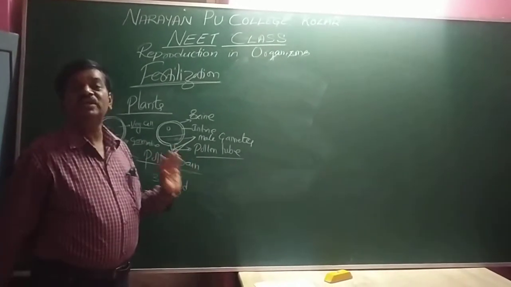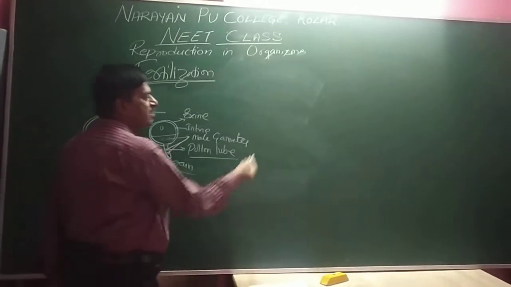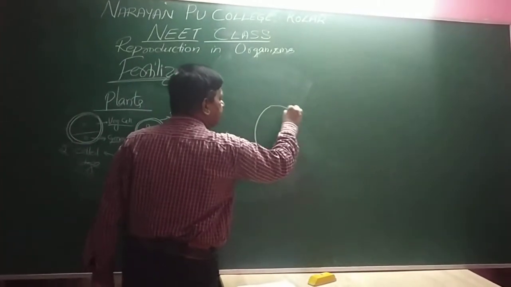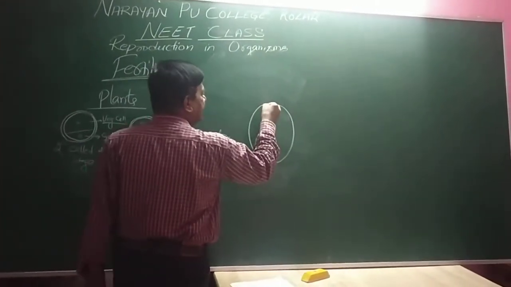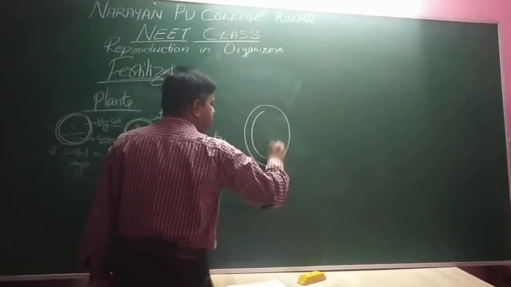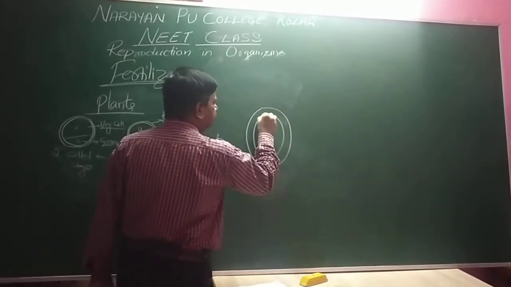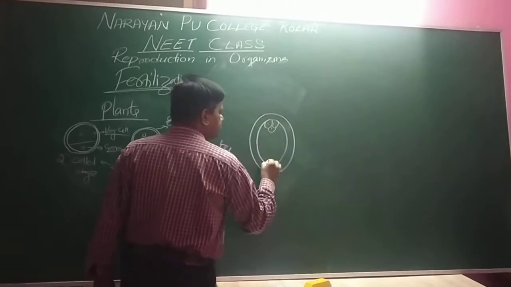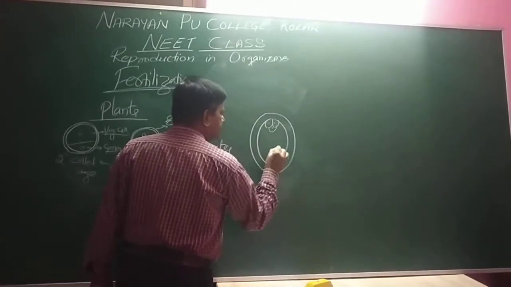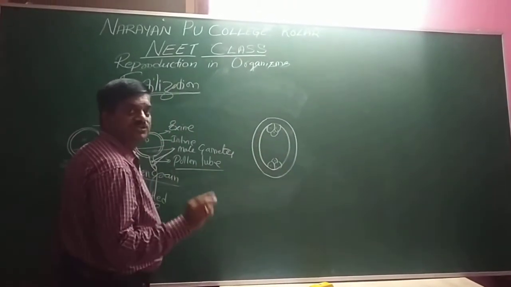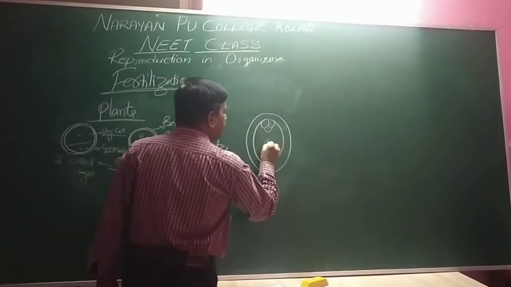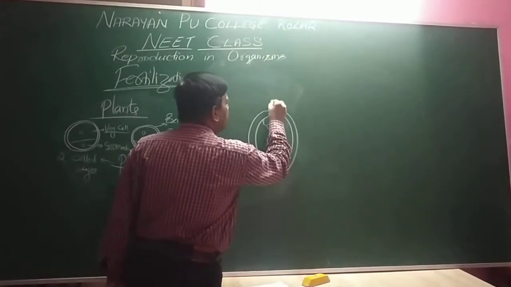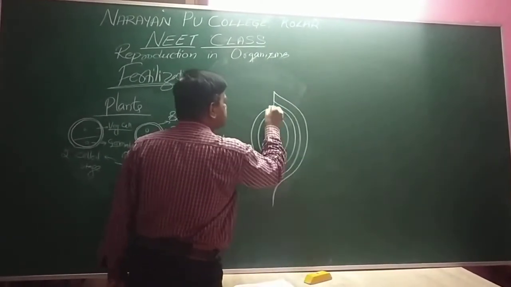Whereas in the female gamete, when we go for an ovule, there is a presence of nucellus, embryo sac, synergids, egg cell, antipodal cells, and integuments.